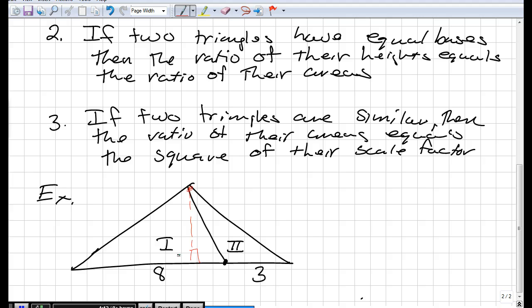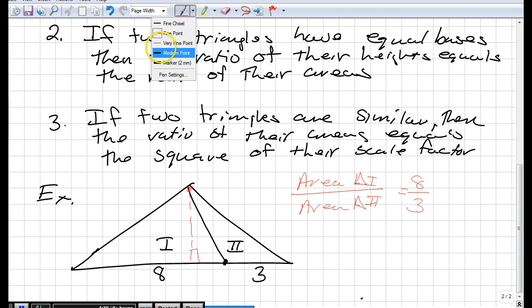So the first theorem says that the area of triangle 1 is to the area of triangle 2 as the ratio of their bases. So the base is 8 to 3. So the ratio of their areas equals the ratio of their bases. Okay, so that's example 1.